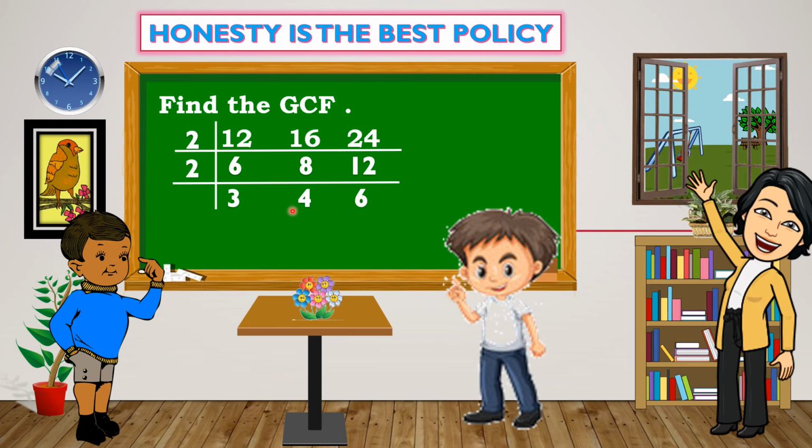Since they have no common factors, we will stop now. So these numbers are the common factors of 12, 16, and 24. So we will multiply them. 2 times 2 equals 4. So the GCF of 12, 16, and 24 is 4.